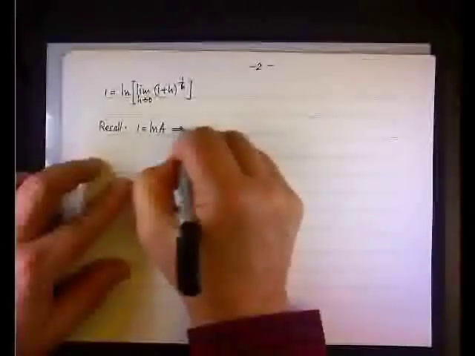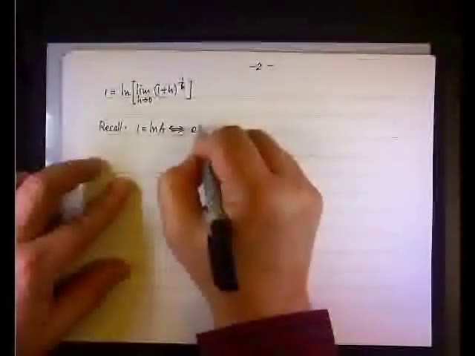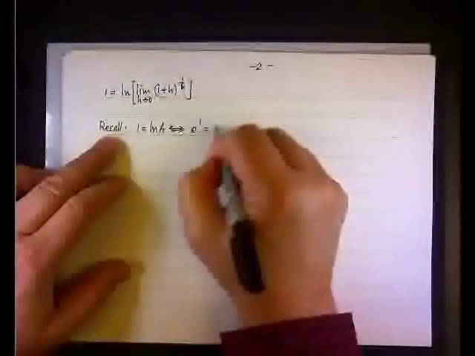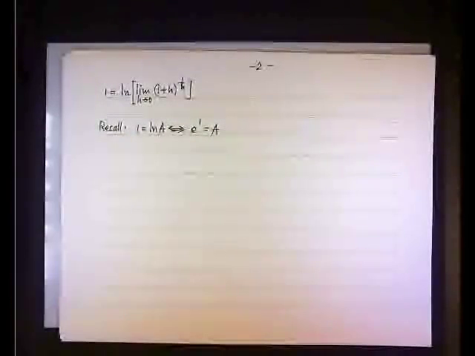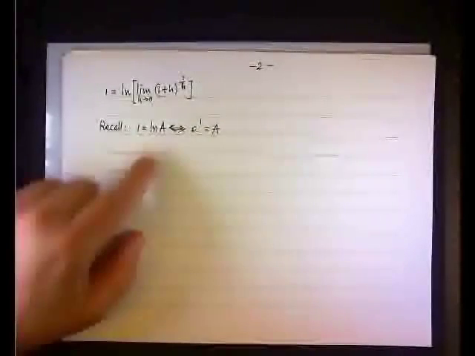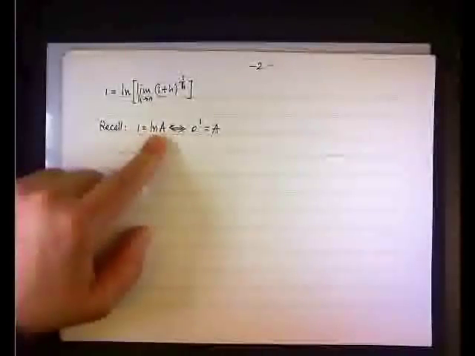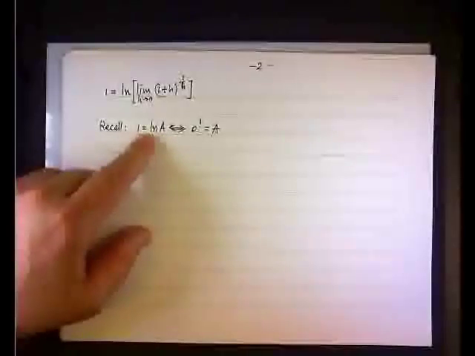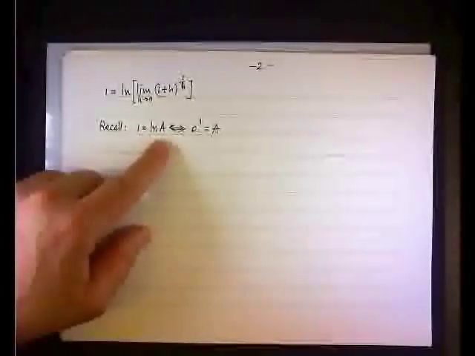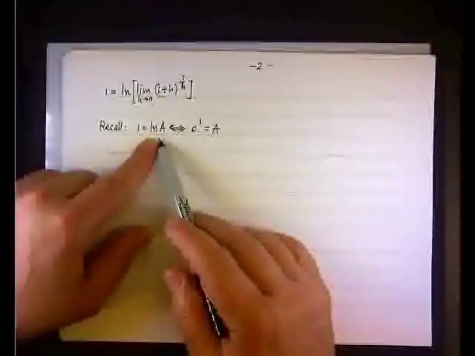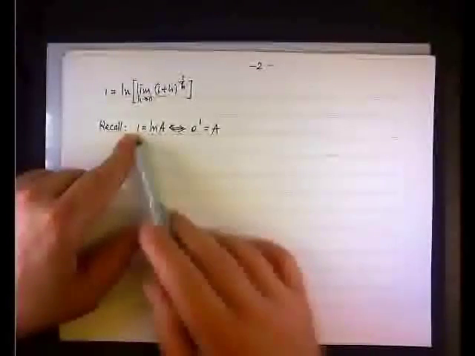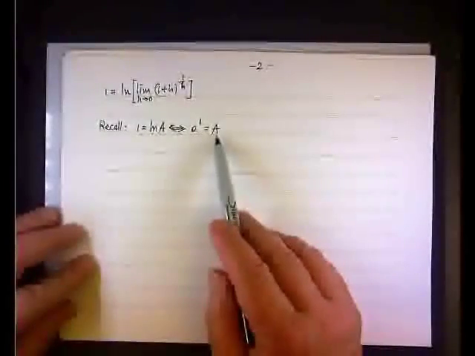It's the same statement as e to the power of 1 equals A, or A equals e. Because remember, what does the natural log do? The natural log returns the exponent of the base, and the base of the natural log is e, and the exponent is 1. So e to the power of 1 is A.